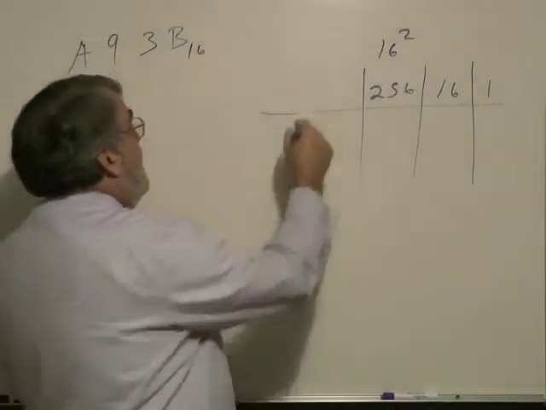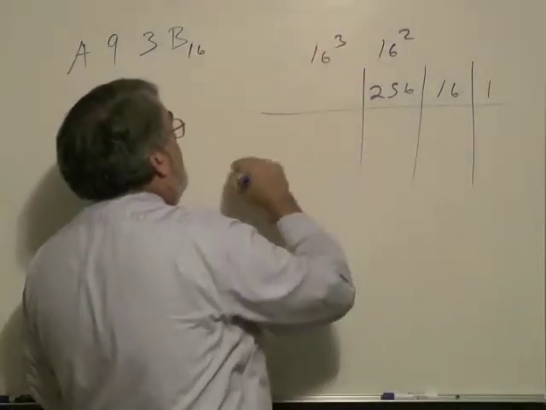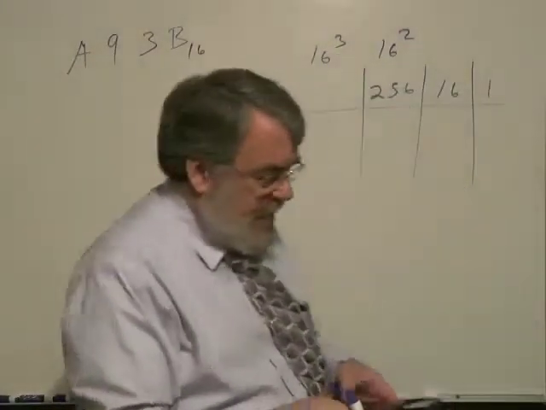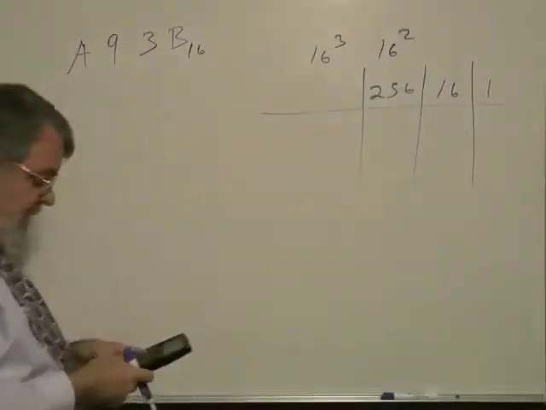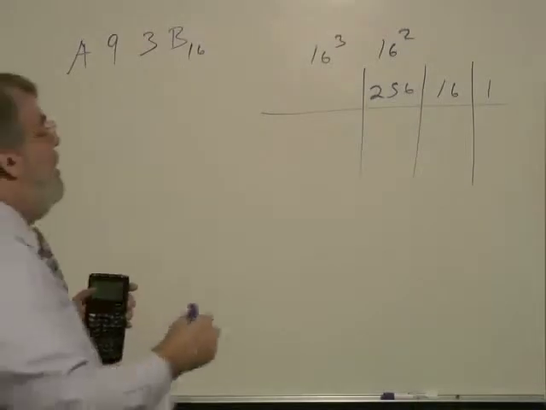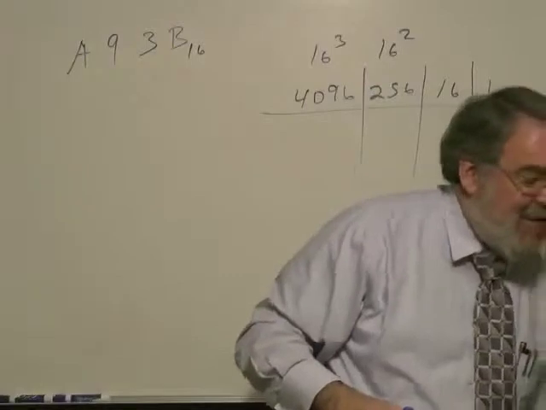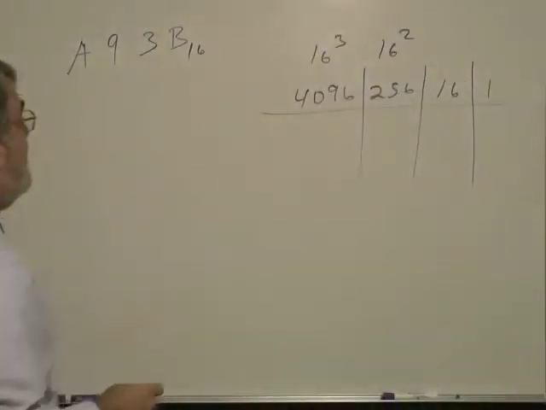And the fourth place is 16 to the third. 16 to the third I think is 4096. Let me double check. 16 raised to the third, 4096. Okay, so that's going to be a decent sized number.